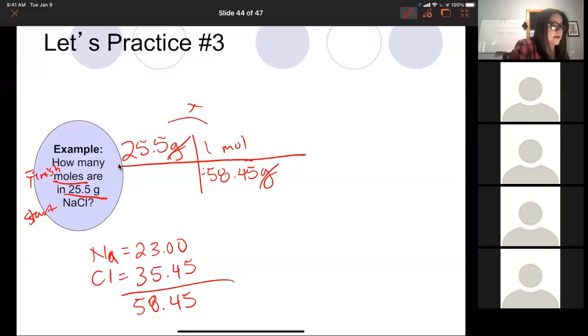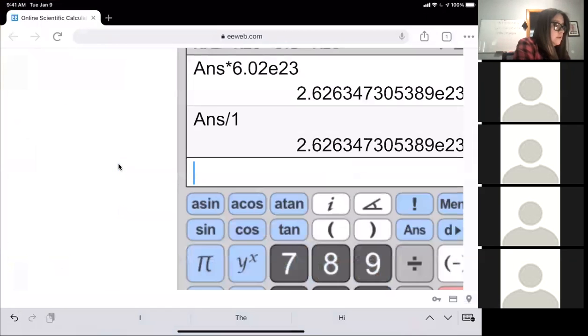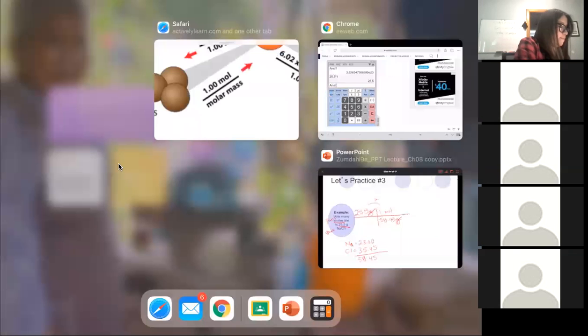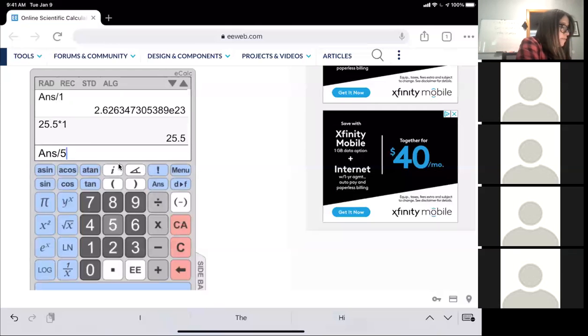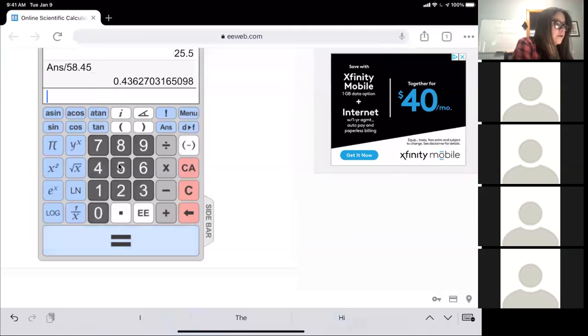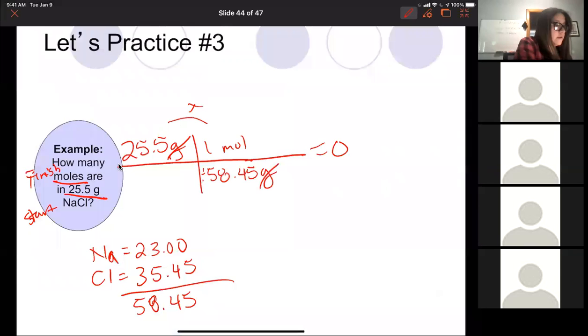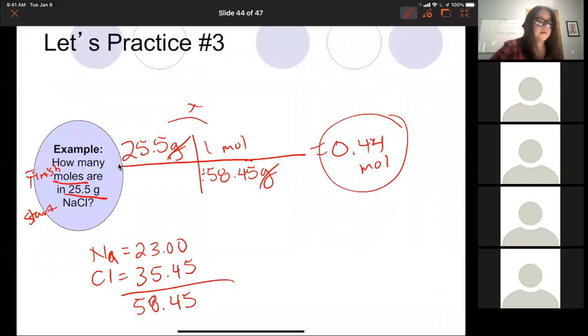Multiply by the top, divide by the bottom. 25.5 times 1 divided by 58.45 equals 0.436 or 0.44. And that's moles.